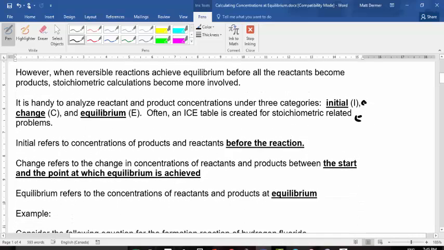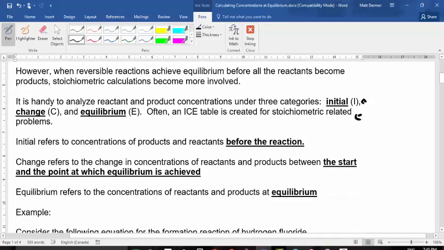Initial refers to the initial concentrations of reactants and products before the reaction begins. Equilibrium refers to the concentrations of reactants and products when equilibrium is established, which means that change refers to the change in concentrations of those reactants and products from when the reaction started until the point when equilibrium is achieved.